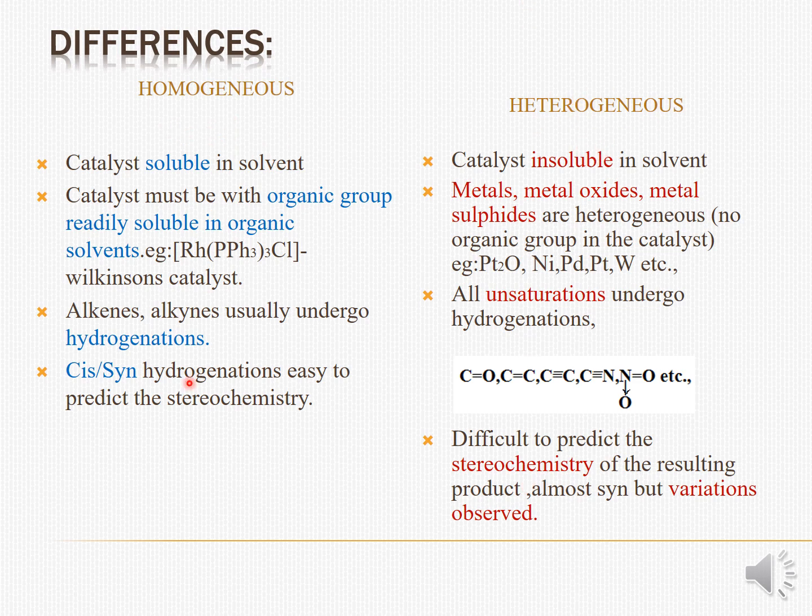In the homogeneous, it is very easy to predict the stereochemistry. In the heterogeneous, it is very difficult to predict the stereochemistry for finding the products as well. It is almost syn, but variations will be observed. This syn addition will take place, but there are certain variations which can be observed while doing these reactions. Okay.